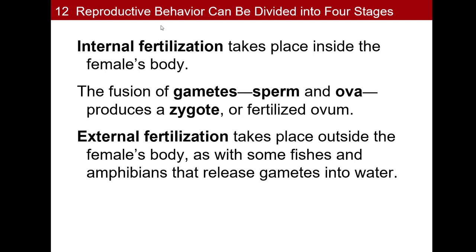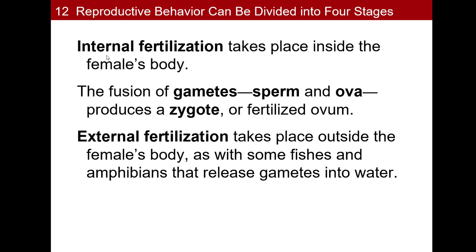With internal fertilization, this is what we see in mammals and in some other species as well, but mainly we think about mammals here, where the fertilization takes place inside the female's body, versus external fertilization, where maybe we lay eggs and then the sperm fertilize the eggs. Now, there are a few different pros and cons to the different types of reproduction here.